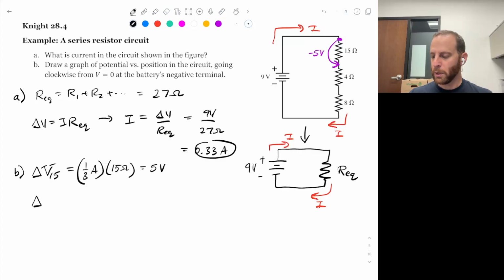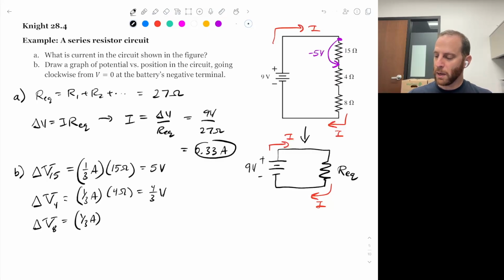Likewise, we can compute the voltage across the 4 ohm resistor and the 8 ohm resistor. They all have the same current of 1/3 of an amp. What they differ by is their resistance. This is 4 ohms, and so this comes down by 4/3 of a volt.